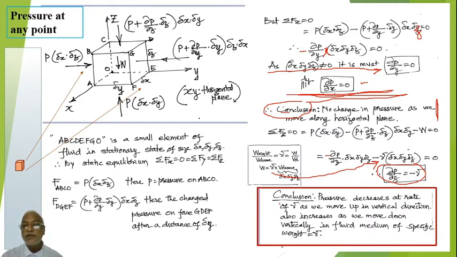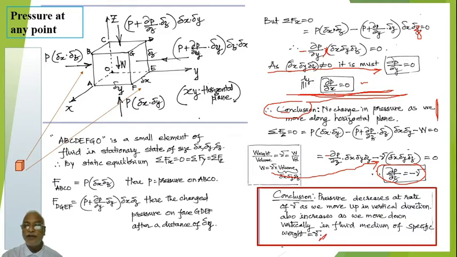So the conclusion is the pressure decreases, because there is a minus sign, pressure decreases at a rate of gamma as we move up in vertical direction. Our positive direction is this way, so as we move up in the liquid, the pressure decreases by an amount gamma. Vice versa, it increases as we move down vertically in a fluid medium of specific weight gamma.